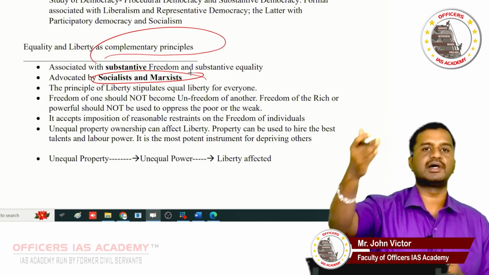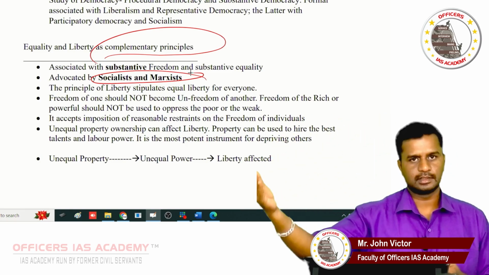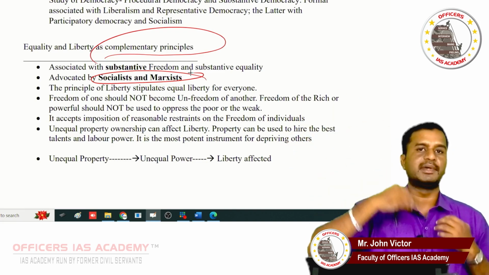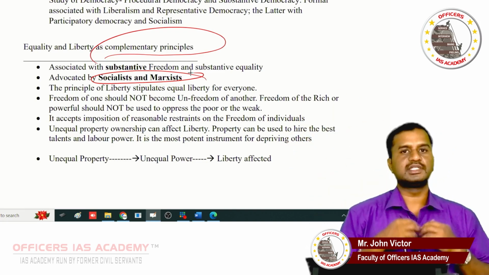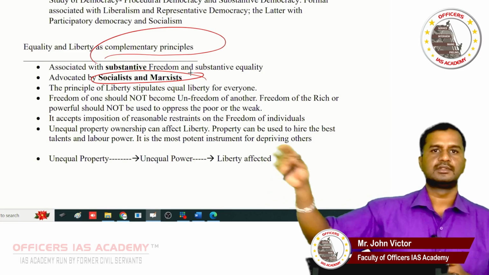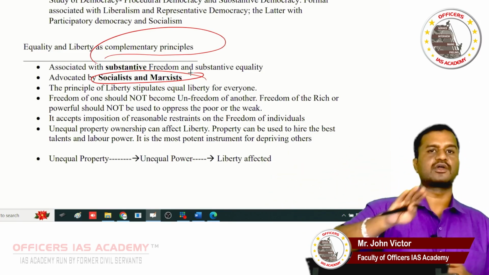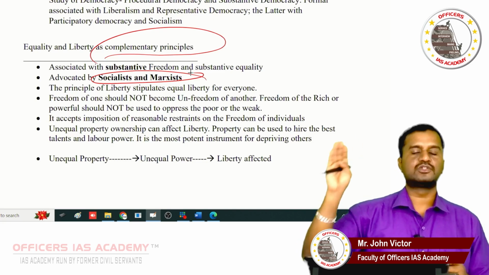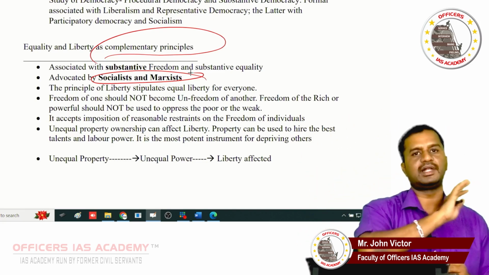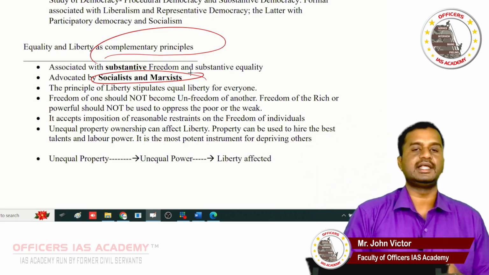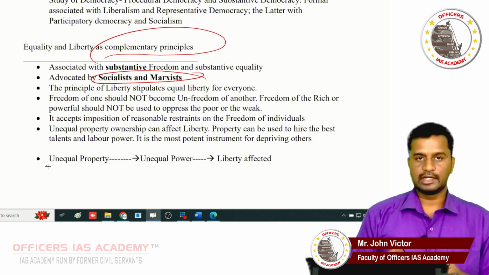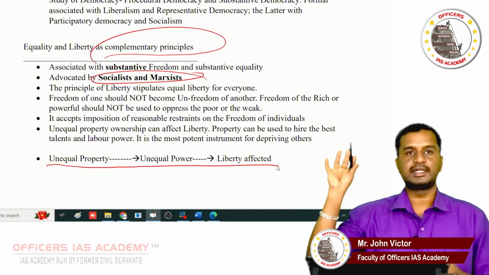Is it not? Unequal power cannot give liberty. For example, if I have more money compared to another man, I am automatically more powerful. Using this power, I can control the other man. So, in the absence of economic equality, there won't be liberty. If there should be liberty, there should be economic equality. This is the understanding of Marxism and socialism. Unequal property, unequal power, liberty affected.